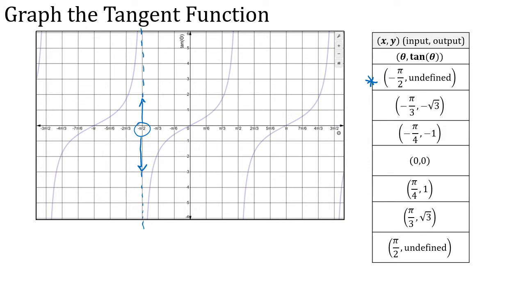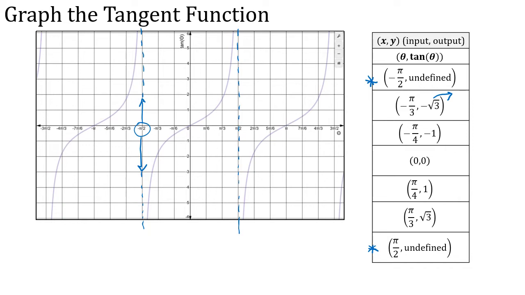And we have one not only at negative pi over 2, but it looks like we're also going to have one at positive pi over 2. So let me just go ahead and mark those in. All right, now let's plot some other values. Negative pi over 3, comma, negative square root of 3. It might help to know that square root of 3 is approximately 1.73.